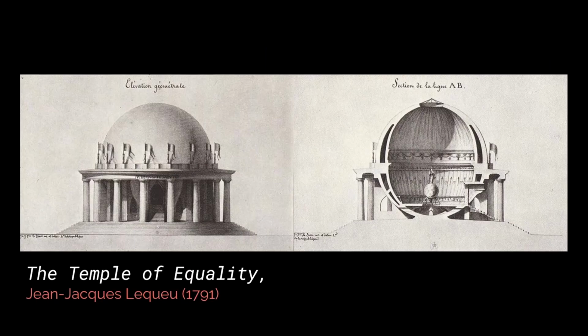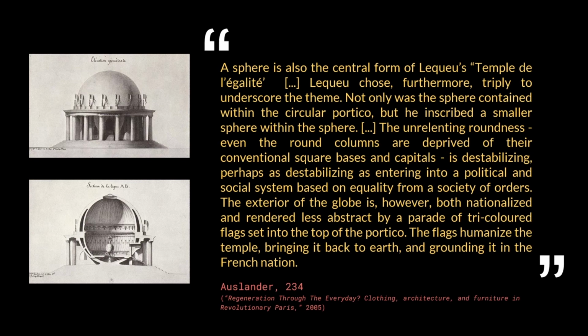Except for this one, because I had a paragraph analyzing it by a historian called Auslander that I wanted to show off to you. This is Lequeux's Temple of Equality, and this paragraph talking about it was about architecture during Revolutionary Paris.